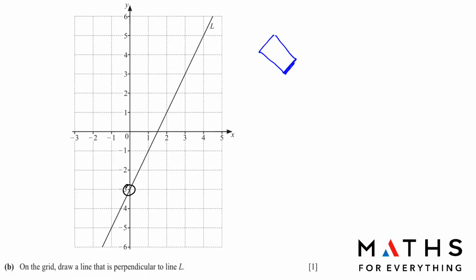This edge, place it here. And then this side or this side, whichever side you want to draw, you just draw a straight line and that will be your perpendicular line, like this. I hope you have understood this.